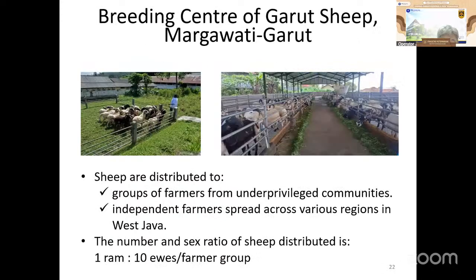Sheep produced by the center are distributed first to farmer groups from underprivileged communities, and second to independent farmers spread across various regions in West Java. The sex ratio of sheep distributed is 1 ram to 10 ewes per farmer group.